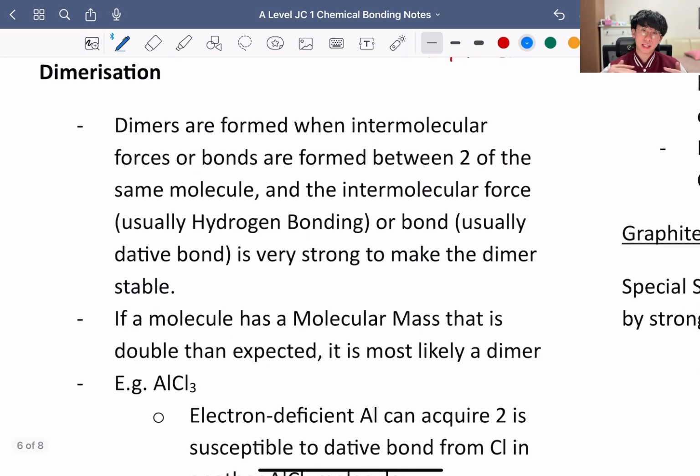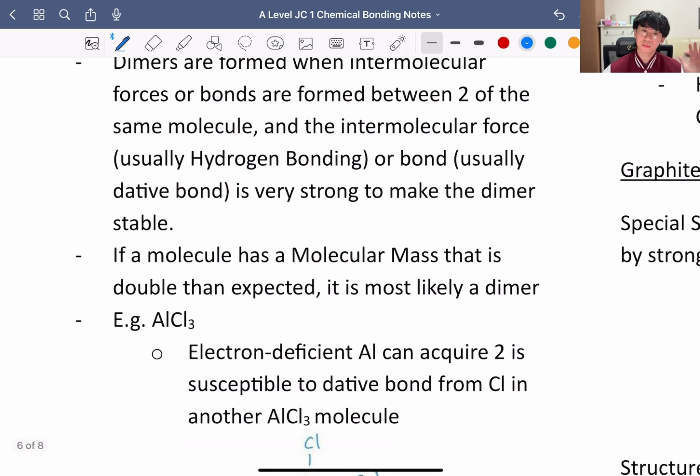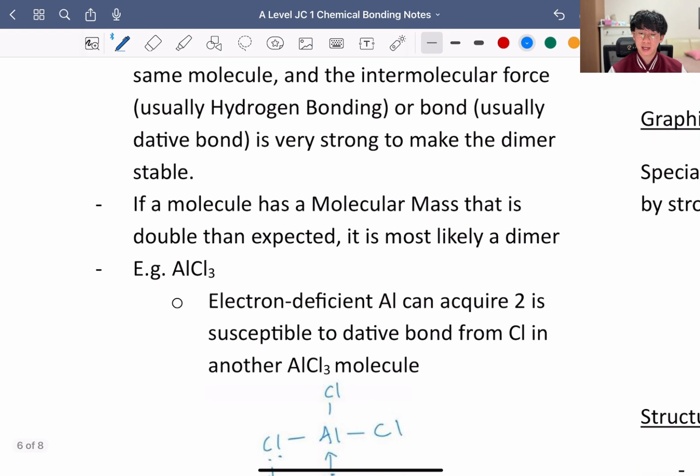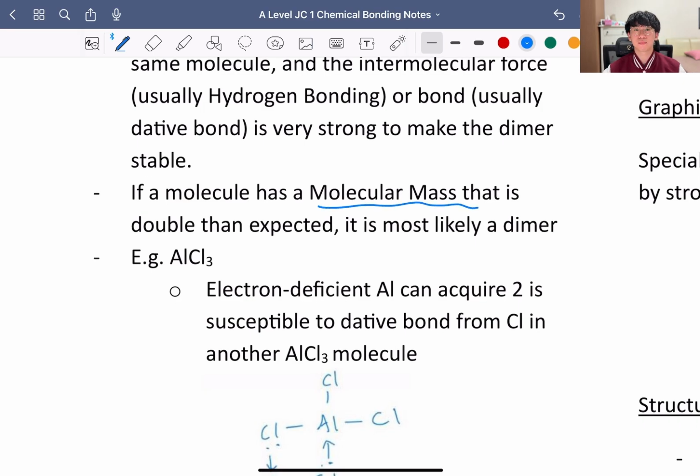Now moving on to dimerization. So dimerization is usually detected when you have two molecules that bond to each other in a certain way or form very strong and compatible forces of interaction. And you can tell it from most of the other normal molecules because when the two molecules form a dimer of each other, you will tend to have a molecular mass that is double than expected.